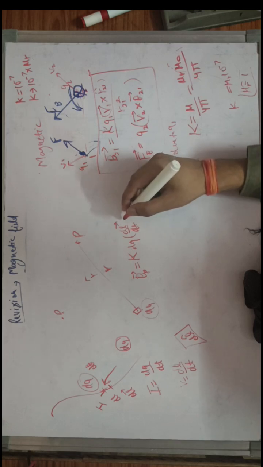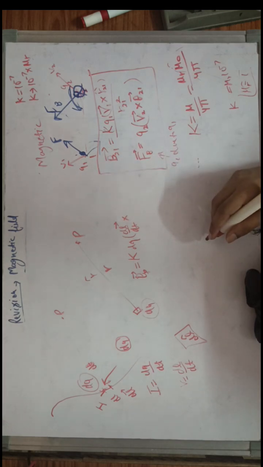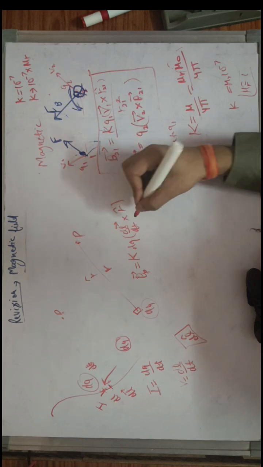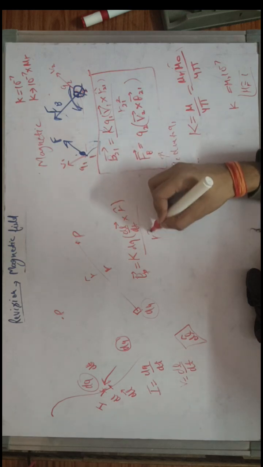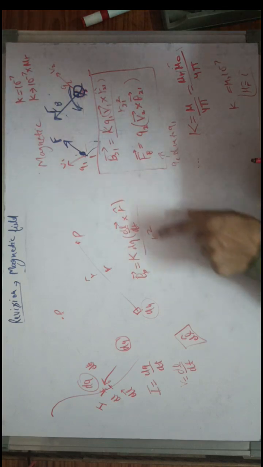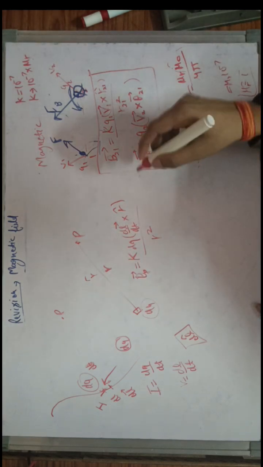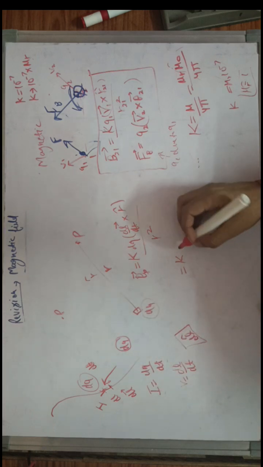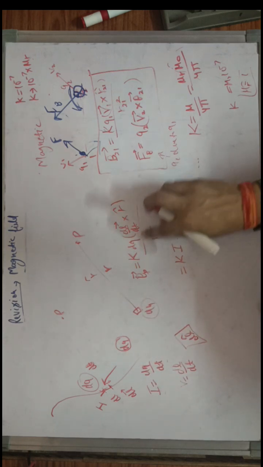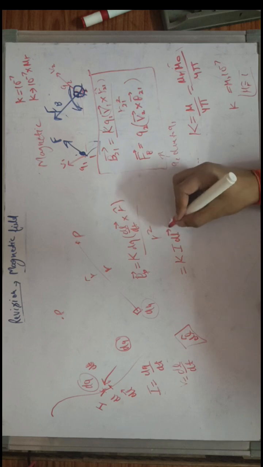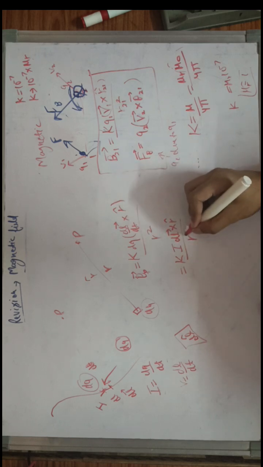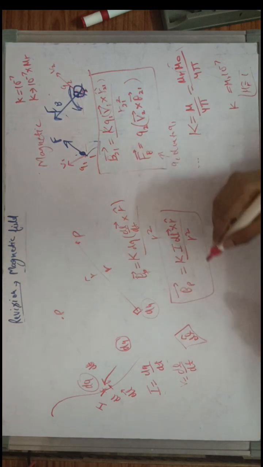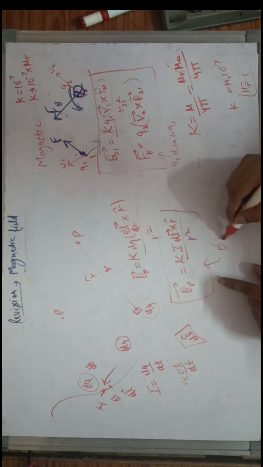This becomes dl vector by dt multiplied by the distance vector, which is this r cap unit vector, over r square. Now this gives the magnetic field at point P, and now I can write dq is equal to I dt. So I dt cancels dt, we get dl cross r cap divided by r square, the magnetic field at point P. And this form of the equation of magnetic field is called Biot-Savart's law.